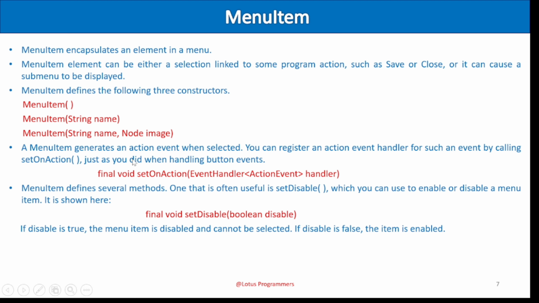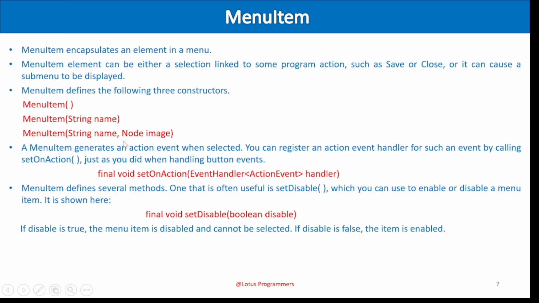In order to create a menu item, we have three constructors: MenuItem without an argument, MenuItem with a string argument, and MenuItem with a string and node argument. MenuItem with no arguments creates an empty menu item. MenuItem with a string argument creates a menu item with the name. MenuItem with a string argument and node creates the name and image icon also.